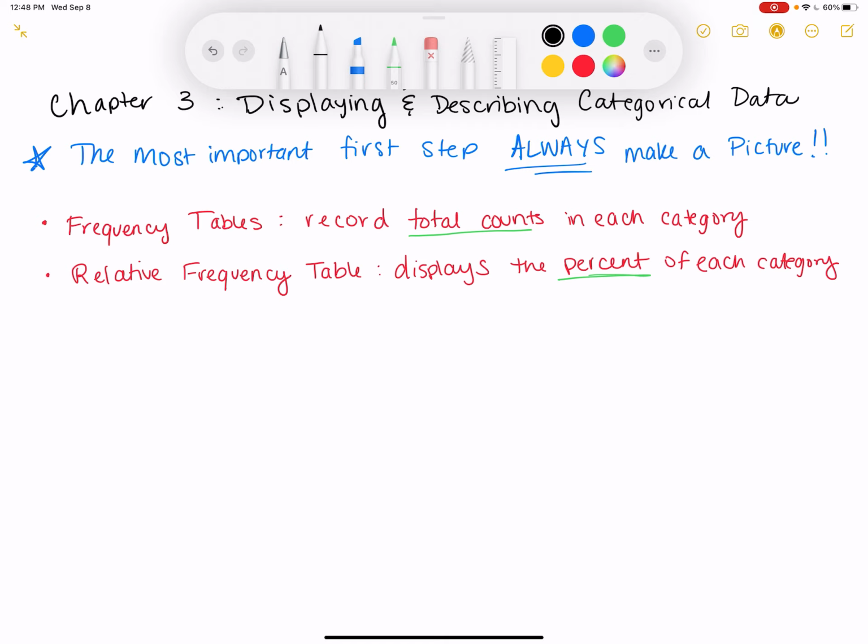All right, so I'm going to do a frequency table here, and then a relative frequency table over here.